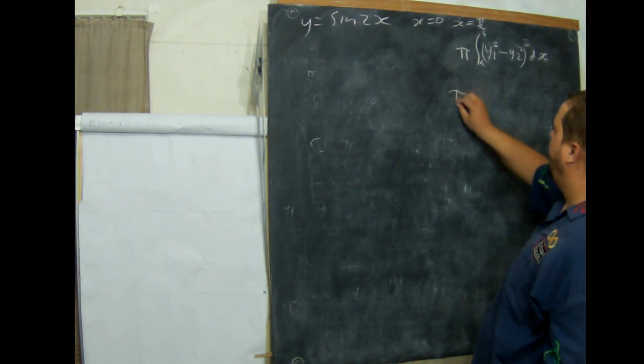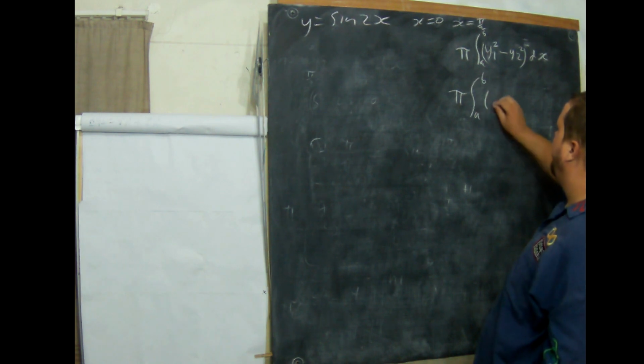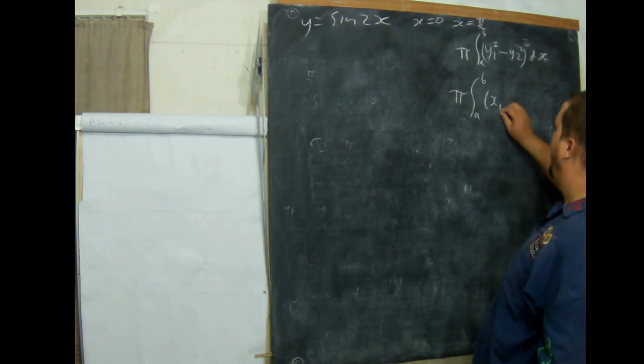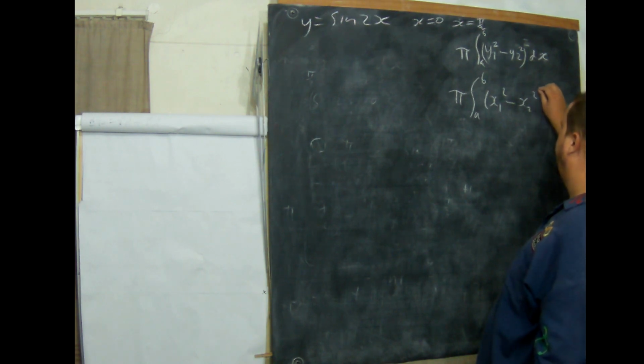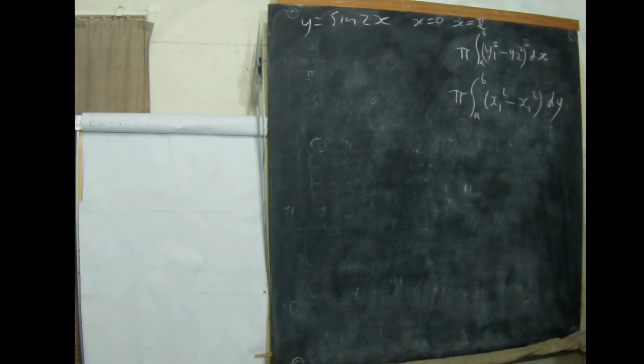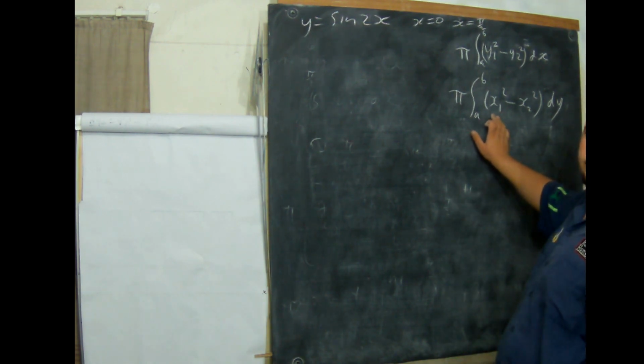But it's pi integral from a to b of x1 squared minus x2 squared bracket dy. These are your basic formulas that you will follow. Whenever you do this, these are the formulas you will use.